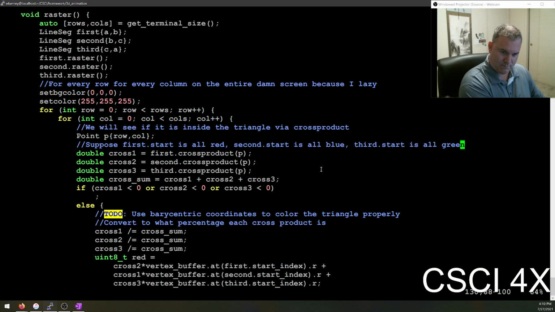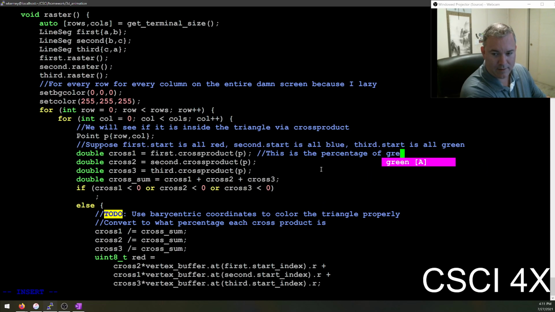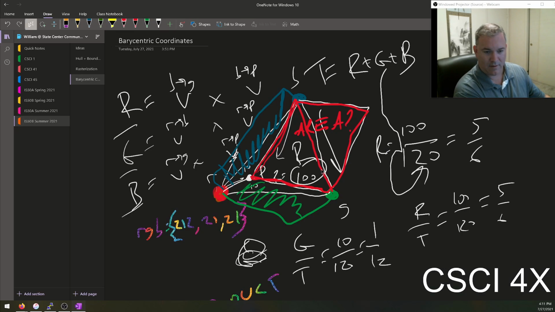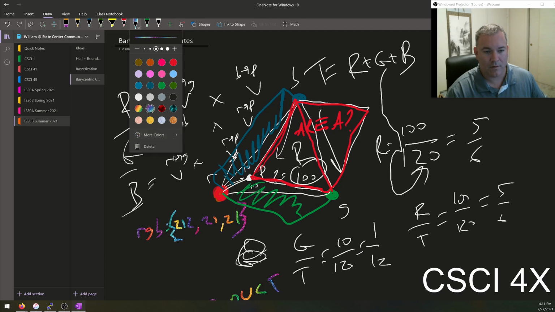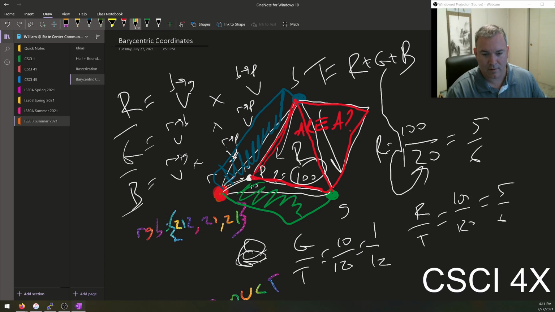Then this is going to be red to blue crossed with red to P. So this is the percentage of green. Do you guys see that? So the first line segment is this one. I should use a different color. Rainbow color, sure. So that would be the first line segment here. So this crossed with this.